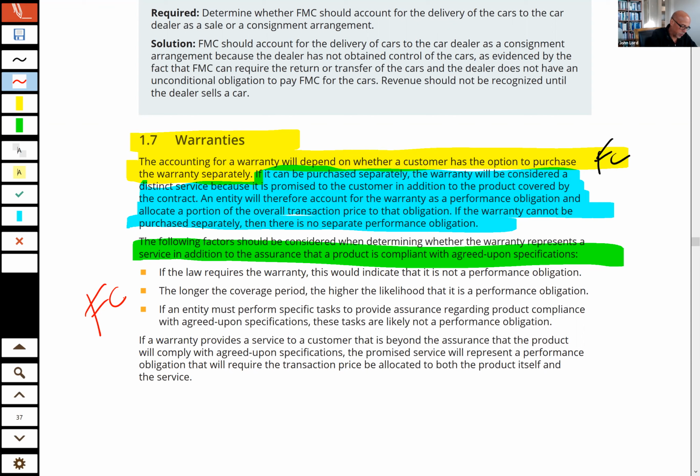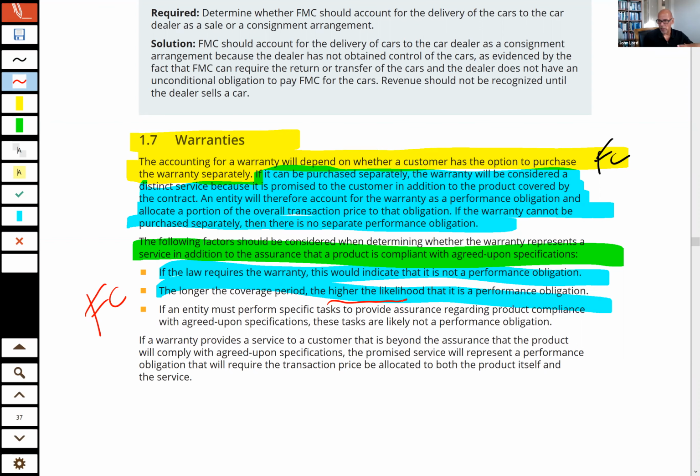Then we might be sitting there wondering, well, does that indicate that it is a separate one? So if the law requires the warranty, this would indicate that it is not a separate performance obligation. The longer the period, the higher the likelihood that it is a performance obligation. What I don't like about this flashcard is they kind of float in and out.